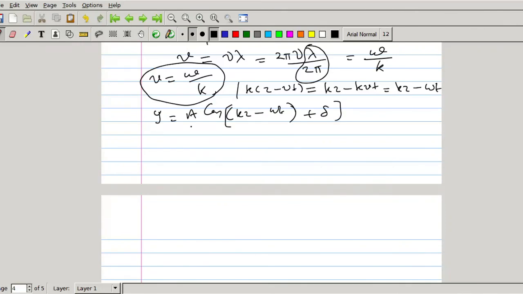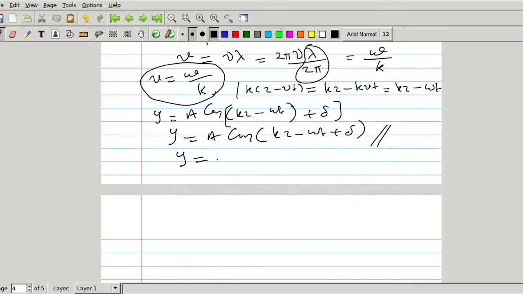So y equal to a cos of kz minus omega t plus delta represents the wave propagating along the positive z direction.